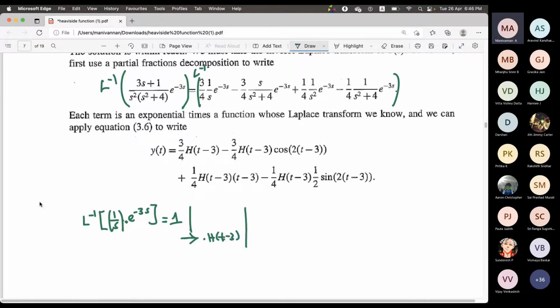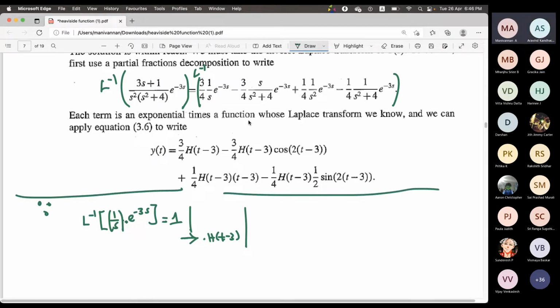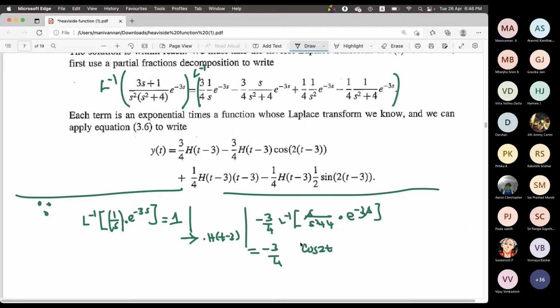Then next thing, this is for your understanding purpose. Using this, negative 3 by 4 L inverse of s divided by s square plus 4 into e raised to the power minus 3s. So minus 3s, this is minus 3 by 4. This is nothing but cos 2t. Am I right? Yes, sir.